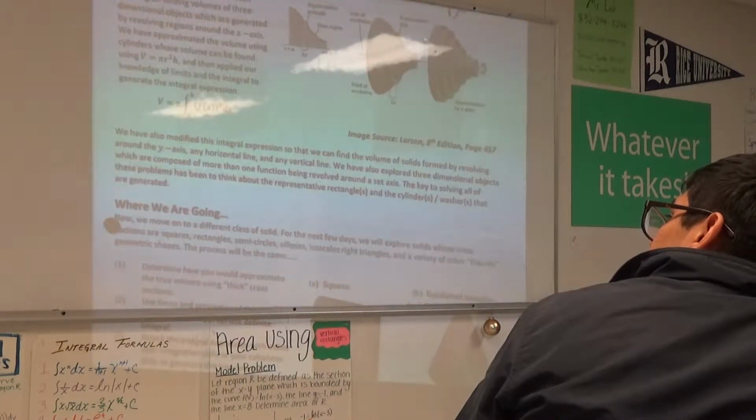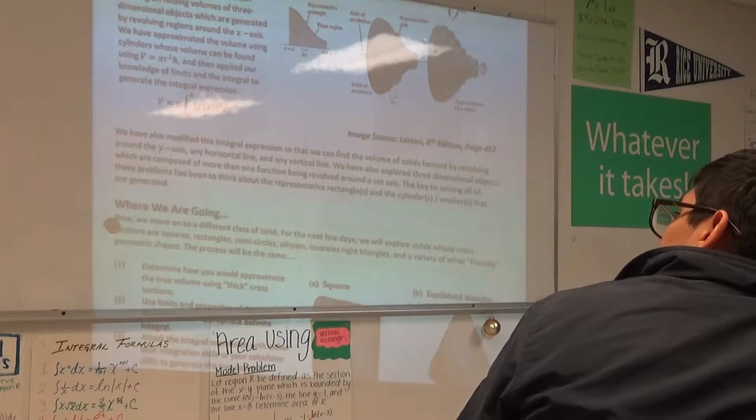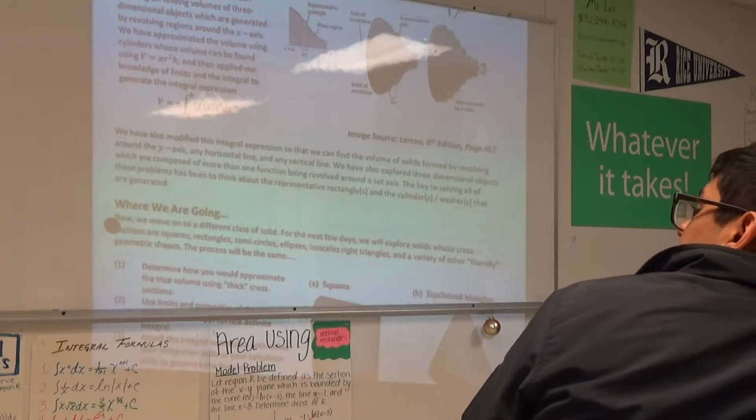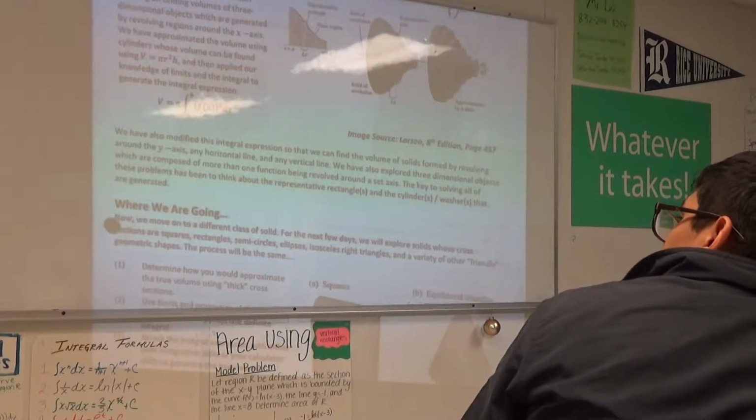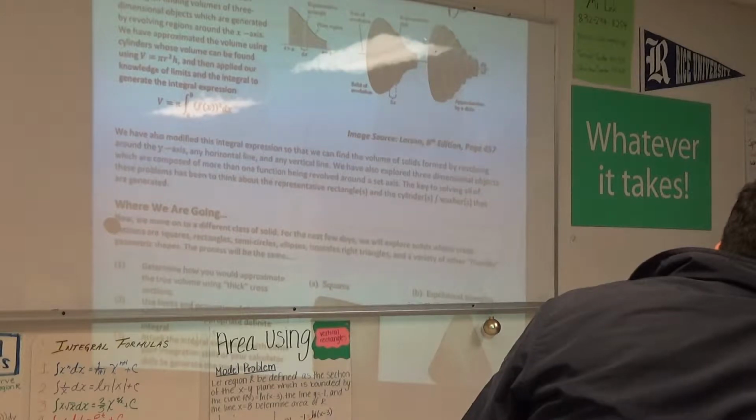if I imagine this guy spinning around the x-axis, what we have to do is think about what happens when I take my rectangle and I spin it. What's the shape? Cylinder. We get the volume of a cylinder. And you guys know that the volume of a cylinder is pi times r squared times the height. For us specifically, f of x is your radius.